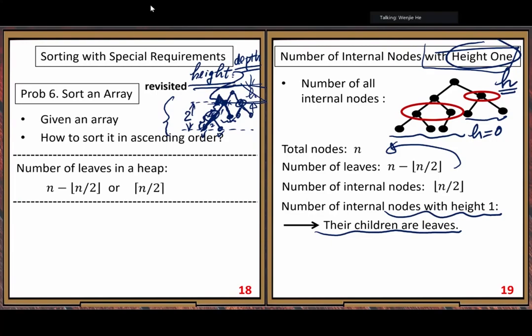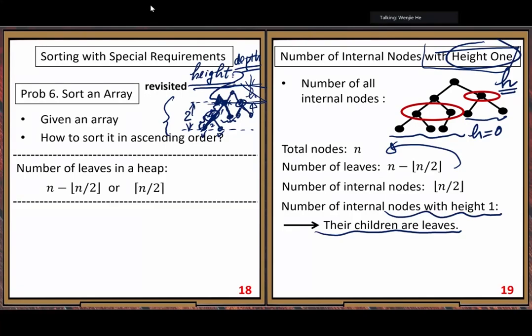So you look at the left child. Because it may not have a right child, right? So you look at its left child node. It must have a left child node. So you look at the index of its left child, and you know its left child node must be a leaf node. And you know how to describe a leaf node, right?